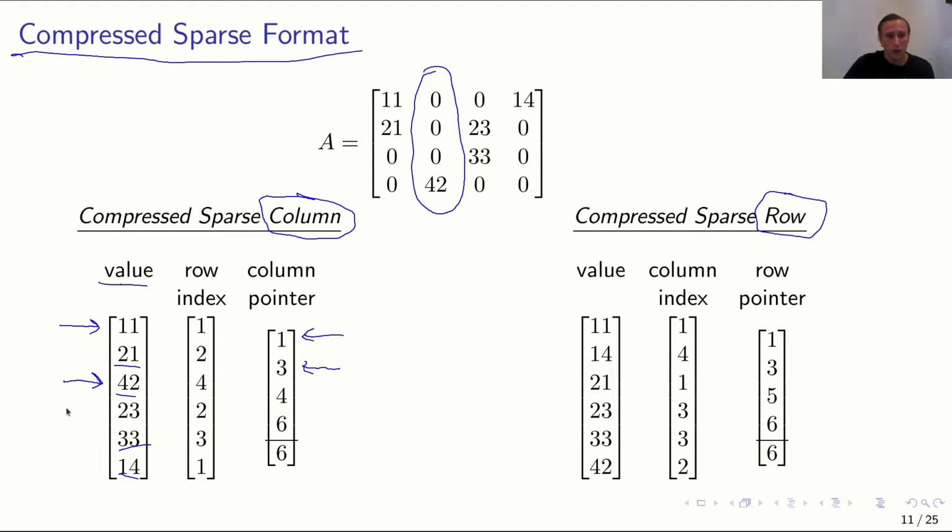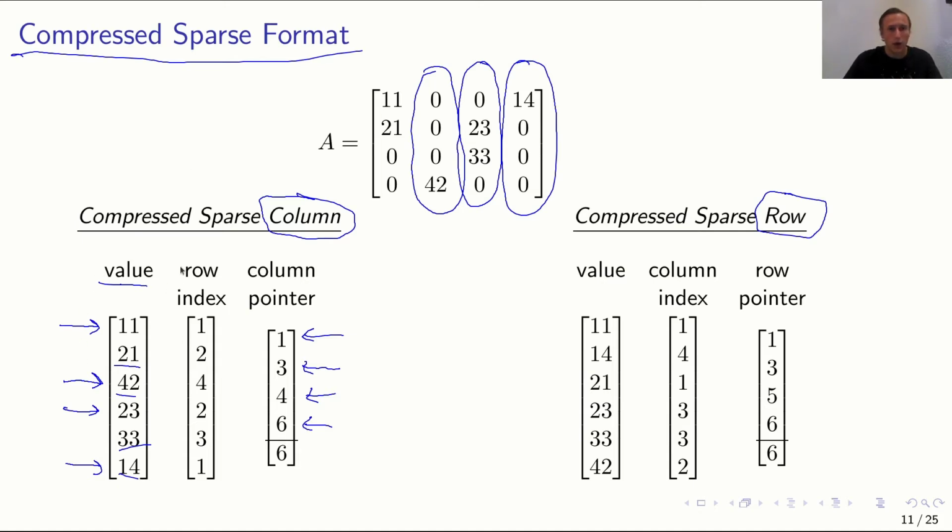Now, in the fourth position, our third column already starts, which is where this 4 comes from. And then finally, our fourth column is going to start in the sixth position, right over here. So note, we are using just 3 arrays.